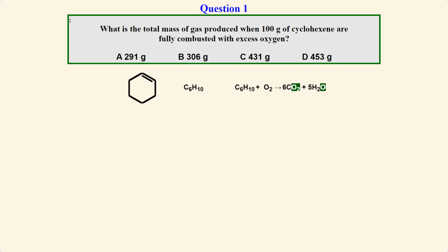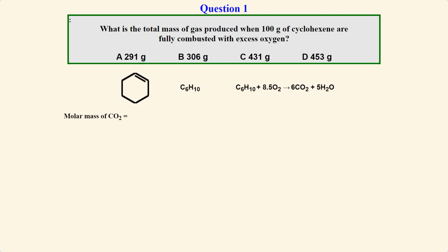On the right hand side we've got 12 from the 6 CO2, 6 times 2 being 12, and a further 5 from the 5 H2O. 12 plus 5 is 17, so we need 17 oxygen atoms on the left, and since we've got O2 there we need to put 8.5, that being half 17. So now we've got 17 oxygen atoms on the left and also on the right. So now the equation is balanced.